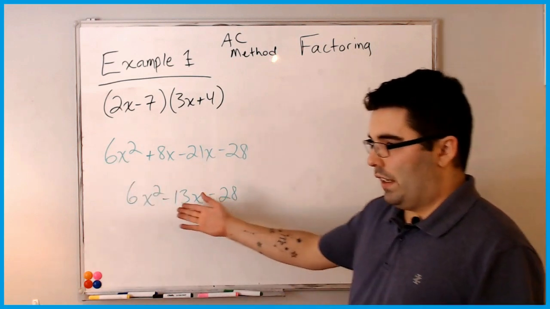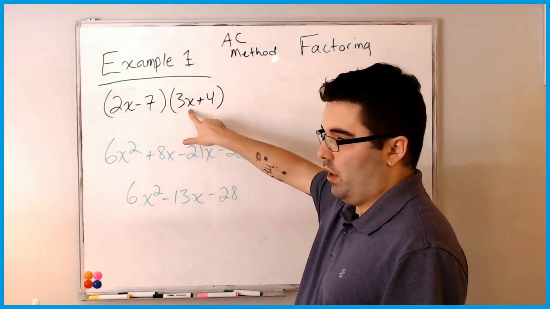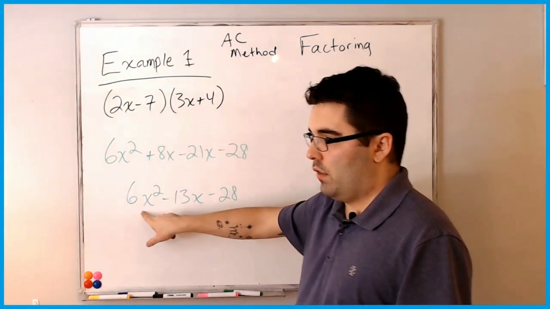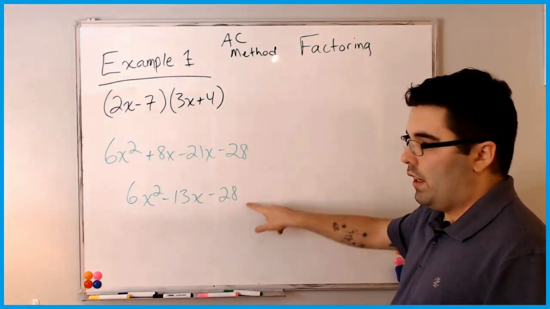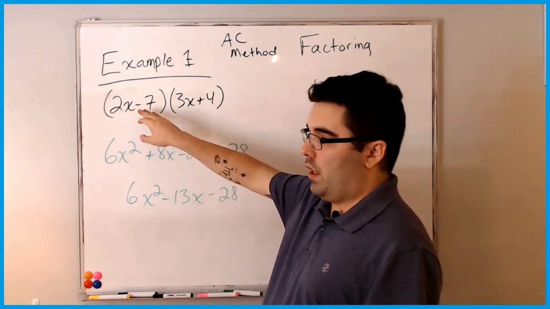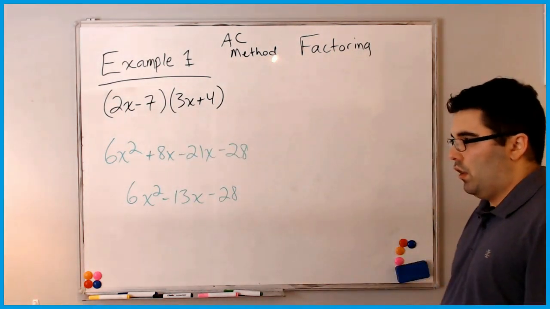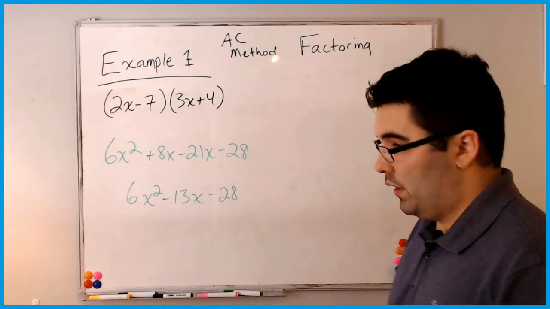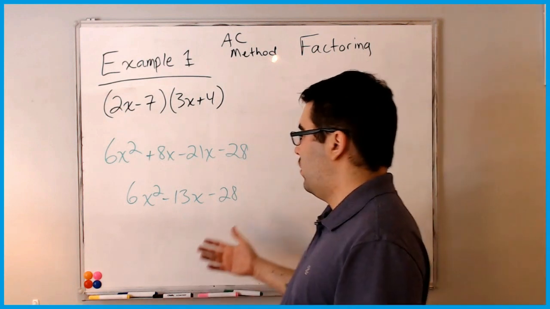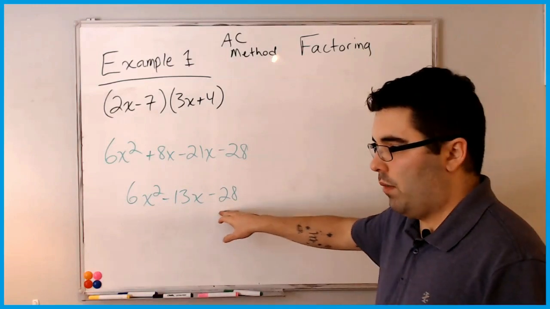And in this case, it literally came from 2x being multiplied by 3x. That's how you got 6x squared. Likewise, the negative 28 specifically came from multiplying negative 7 and 4. So when you go to factor these, those are clues. When I try to factor this, 7 and 4 might be in my answer.